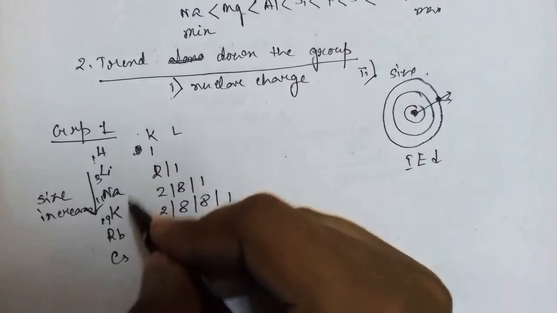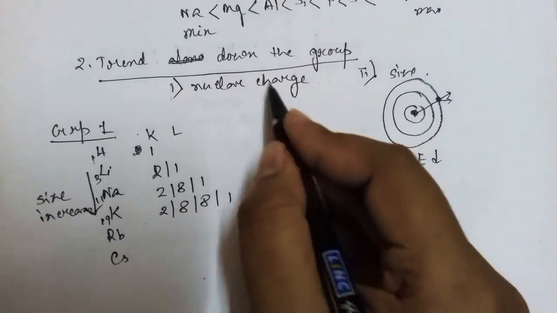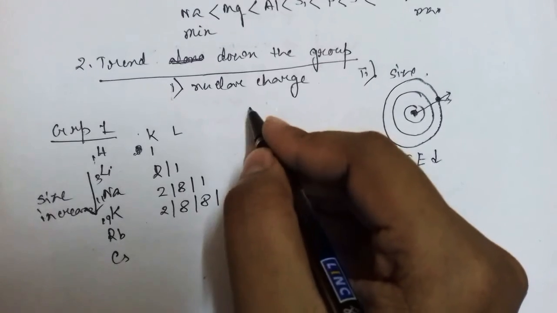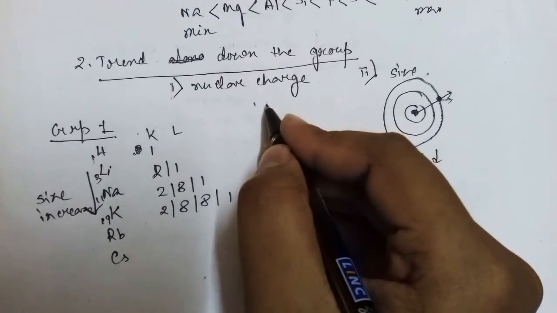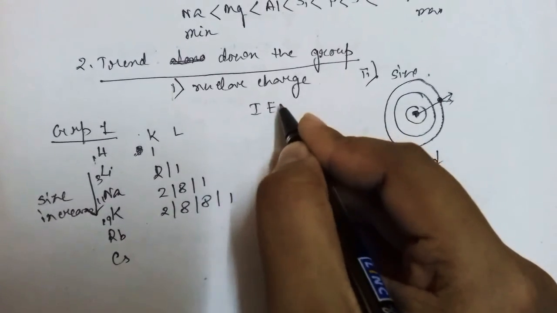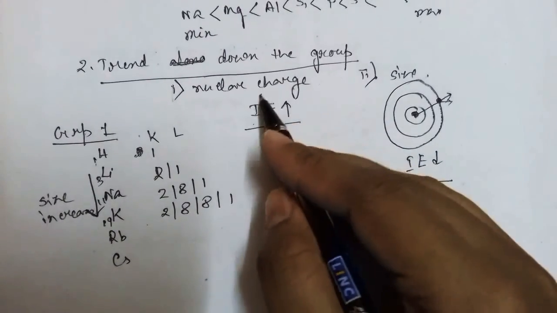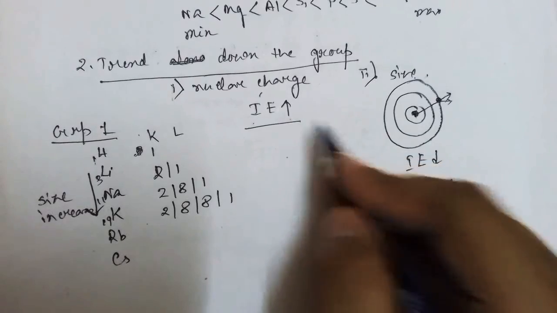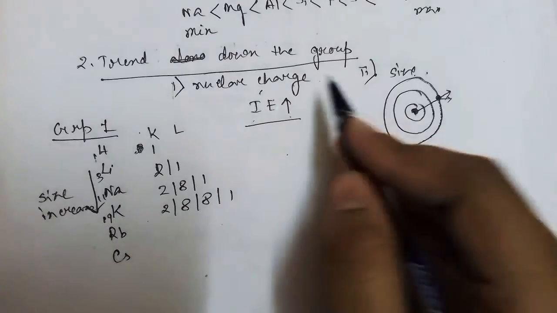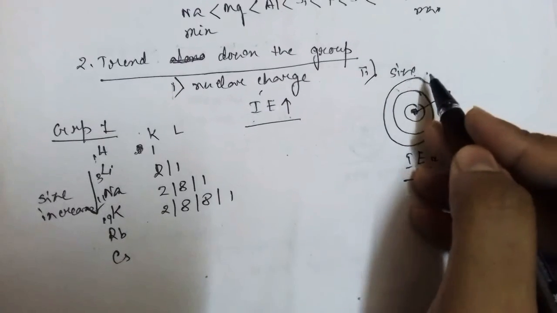But down the group, as the atomic number increases, the nuclear charge is also increasing. So nuclear pull increases. If nuclear pull increases, a greater amount of energy is needed to pull out the electron. So ionization energy increases. So these two factors, nuclear charge and size, act in opposite directions on ionization energy. Between these two opposing factors, which will predominate?